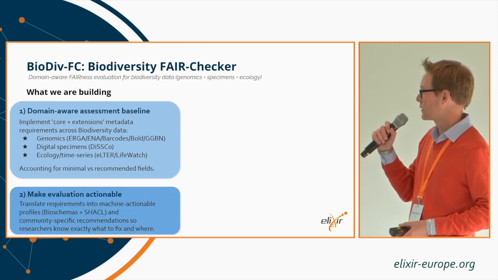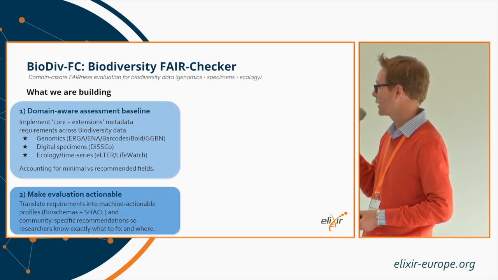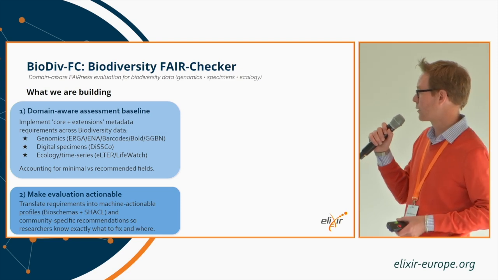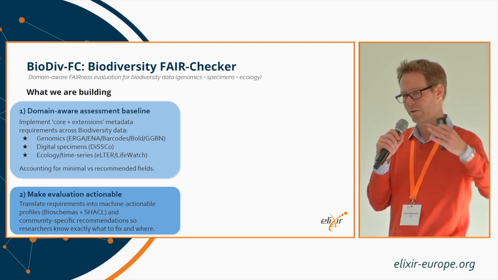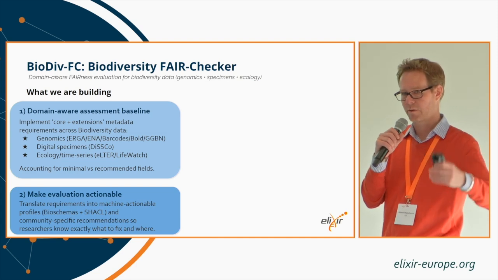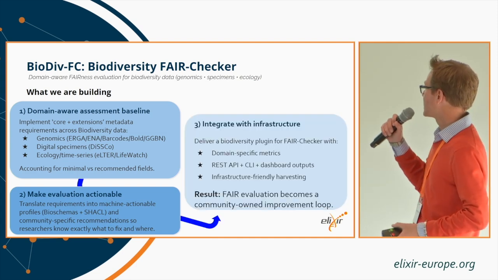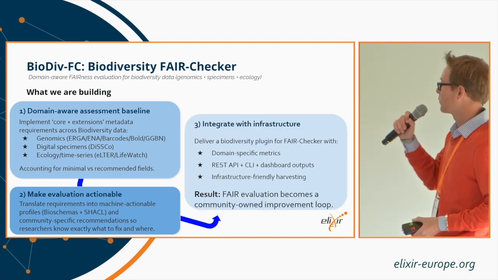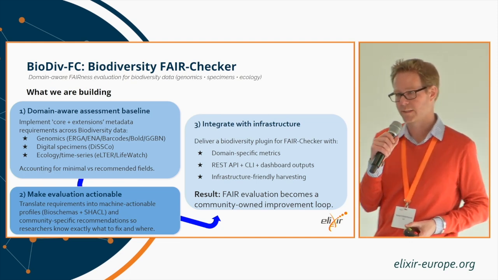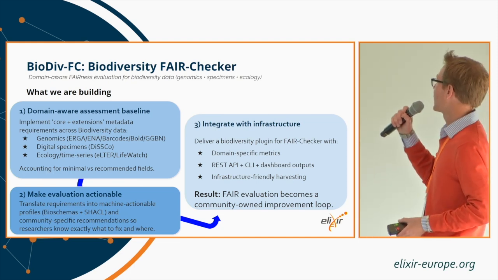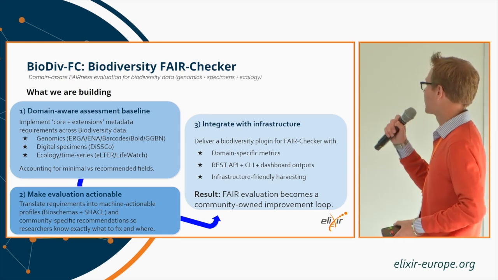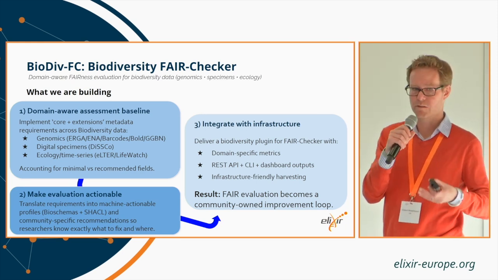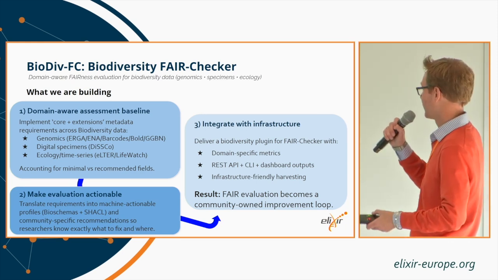Then trying to make this machine actionable, basically, so to translate these into profiles that can then be read off to have a proper scoring of whether or not the metadata are present and whether or not they are meaningful. And basically putting this all together through the archive repositories where these datasets are sitting to deliver this plugin for the existing FAIR-Checker software so that it now is better reflecting the needs of the biodiversity domain.